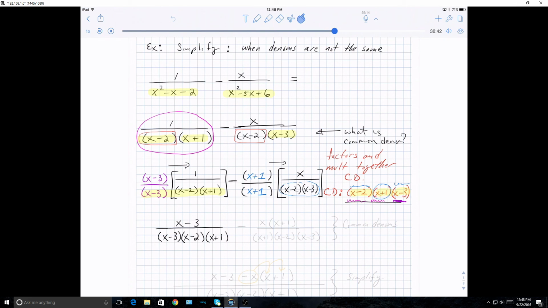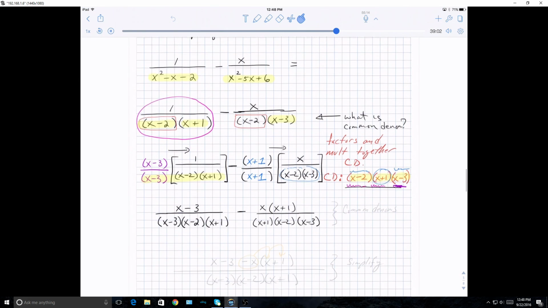So now we have this subtraction, and we have x times x plus 1 in the numerator, and we have this whole thing of x plus 1 times x minus 2 times the quantity x minus 3.